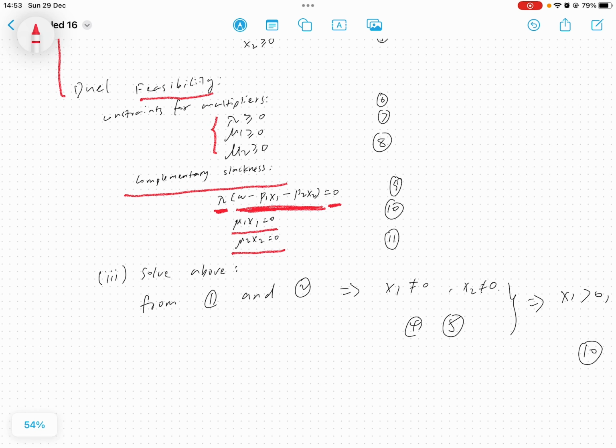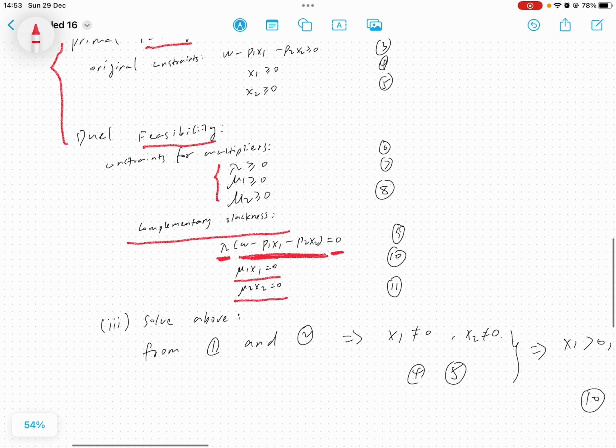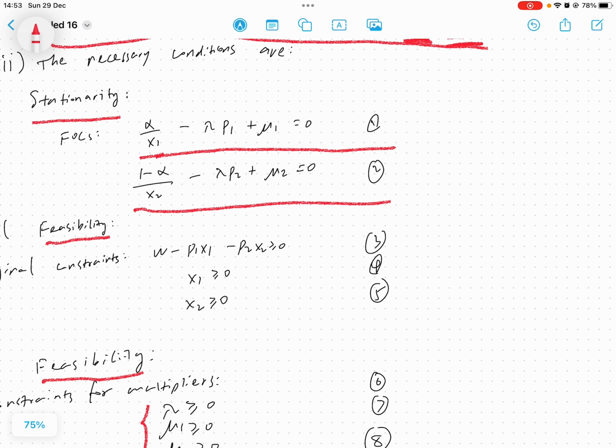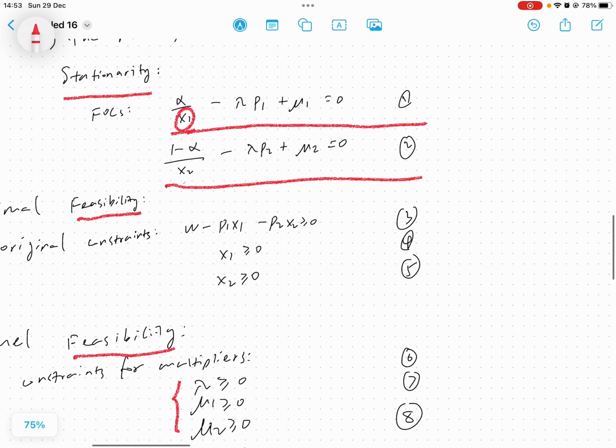Those are a lot of constraints that we have in this problem, and then we are ready to solve this. Let's begin from 1 and 2. From 1 and 2, we can immediately observe that if we have zeros for x1 and x2, then those equalities in 1 and 2 cannot hold, simply because the first terms will be infinity.